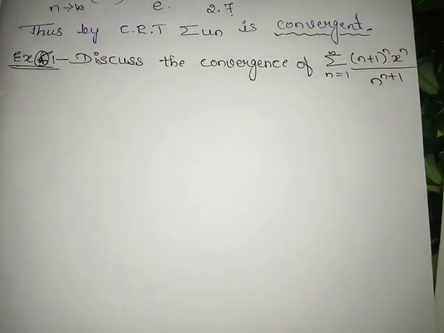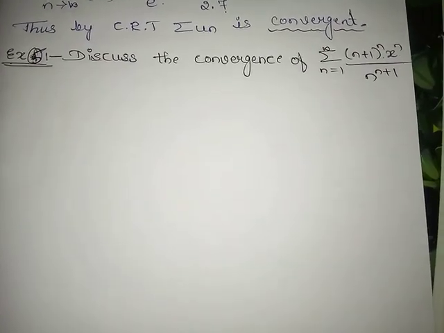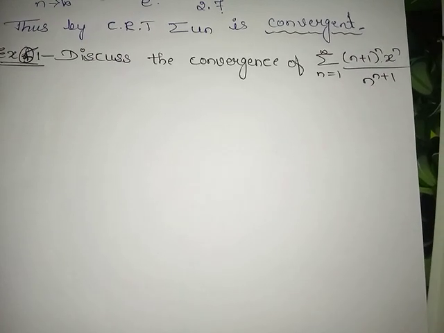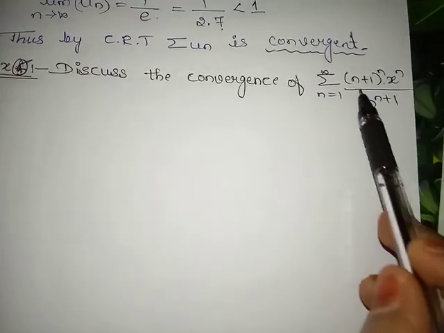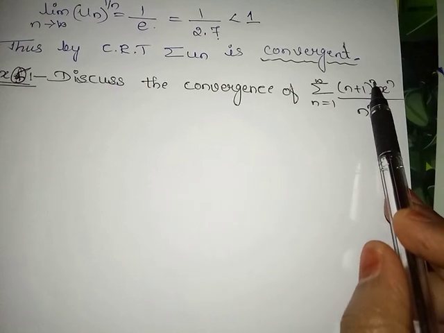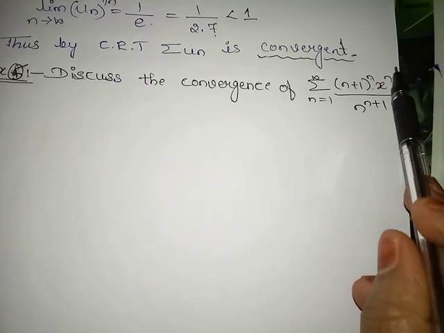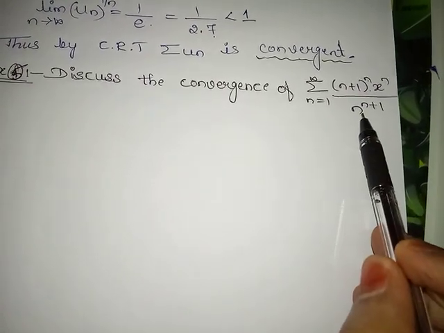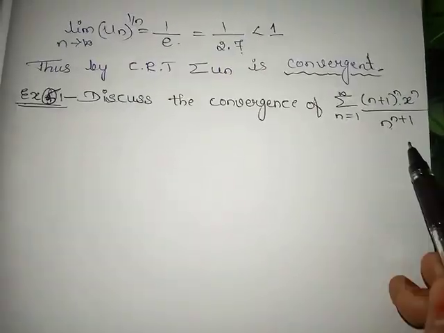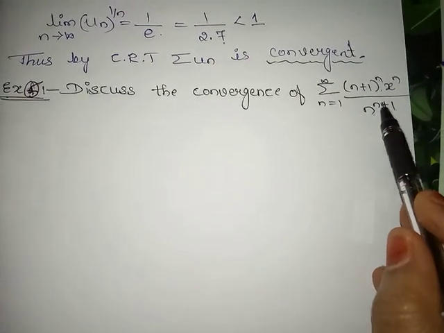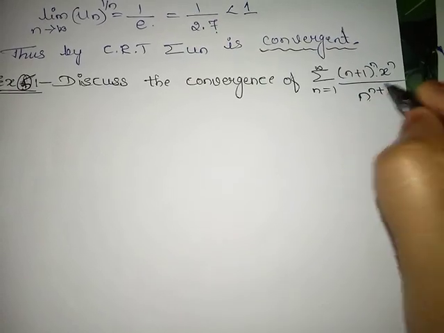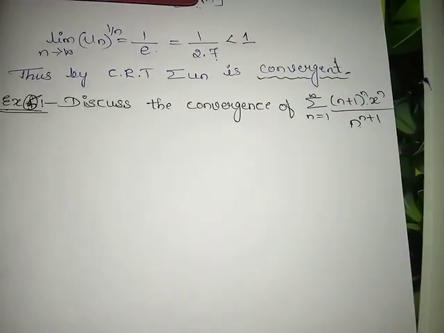Fifth example: discuss the convergence of summation n running from 1 to infinity, n plus 1 raised to n into x raised to n, divided by n raised to n plus 1.